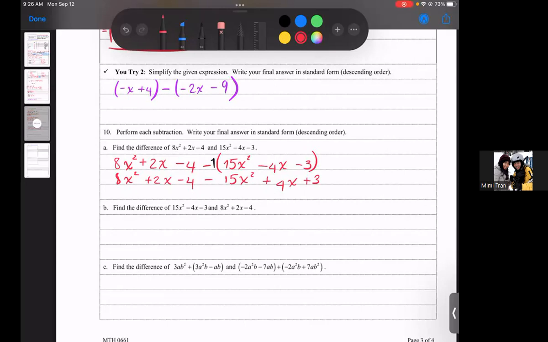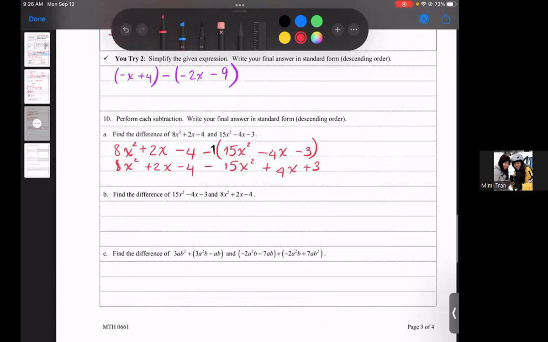Combine like terms, make sure you put the equal sign for that. This one and this one: a minus 15 is minus 7, right? So minus 7x squared.